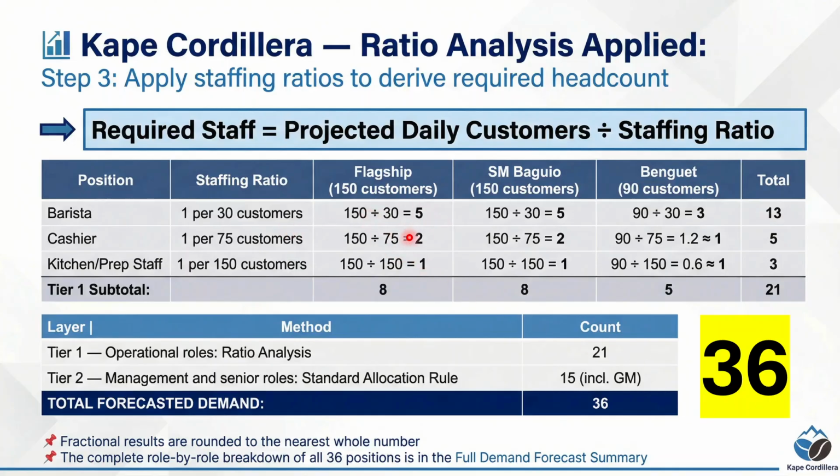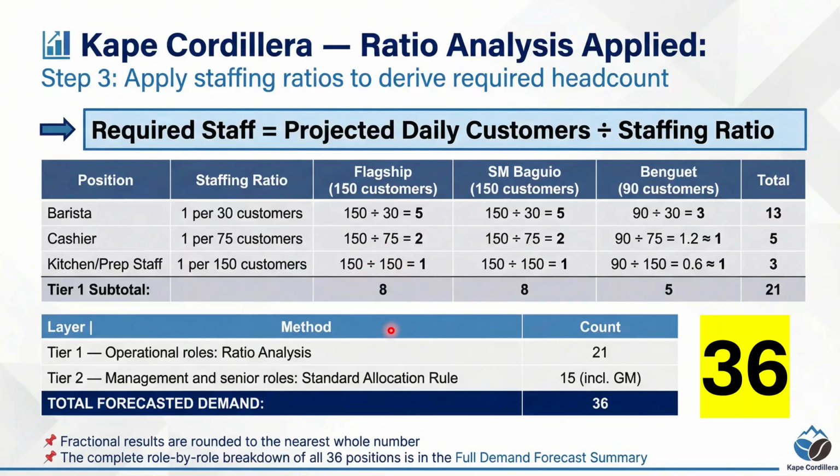Okay, so i-divide lang natin yan, yung customer doon sa staffing ratio natin. So, yan, 1 per 30 customer, 1 per 75 customer, 1 per 150 customer. Yan yung ating staffing ratio. I-divide natin yan sa mga projected daily customer to come up with these numbers.